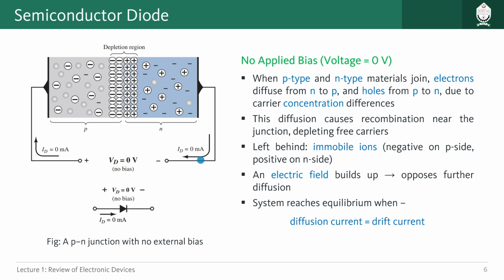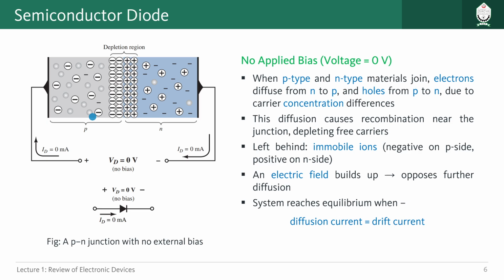As you can understand, because the p region has a high amount of holes and the n region has a high amount of electrons, there will be a variation of carrier concentration, and because of that some electrons will diffuse from n to p and some holes from p to n. So holes will go from here to here and electrons will go from here to here to make the number of carriers or charges equal in both regions.